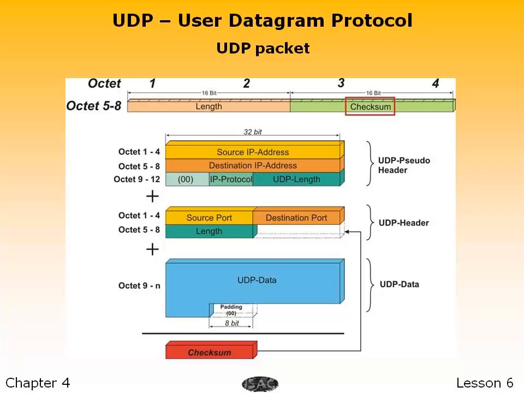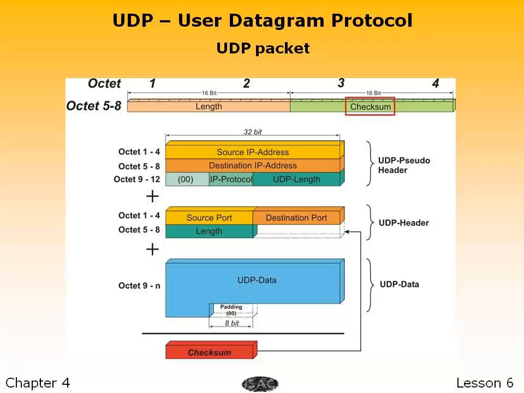It has no handshaking dialogues and thus exposes any unreliability of the underlying network protocol to the user's program. As this is normally IP over unreliable media, there is no guarantee of delivery, ordering, or duplicate protection.